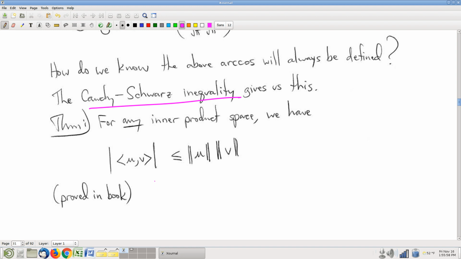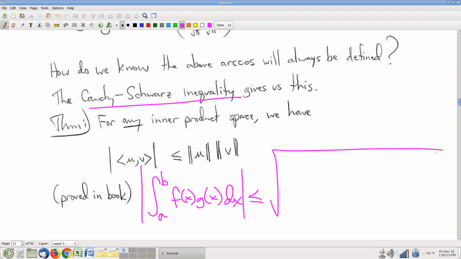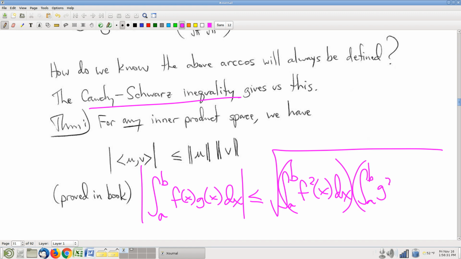What it says for the L2 inner product is that the absolute value of the integral from a to b of f of x times g of x dx is less than or equal to the square root, these are norms, so square root of the integral from a to b of f squared of x dx times the integral from a to b of g squared of x dx.